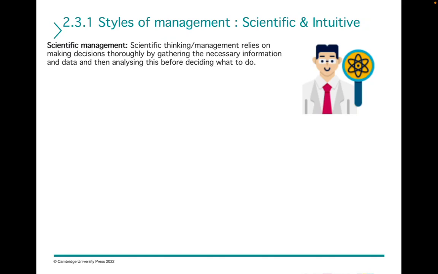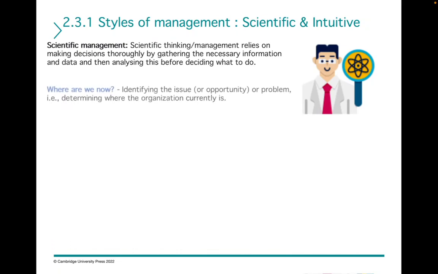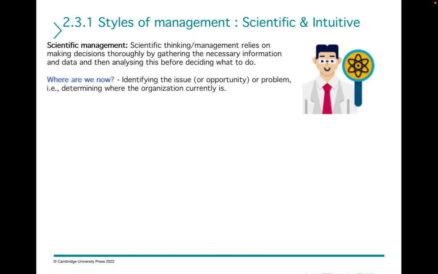So scientific, as it suggests, relies on making decisions by looking at the information needed and analyzing before making a decision. So you look at where are we now? Identifying the issue or opportunity or problem. Where are we in relation to this problem or opportunity?